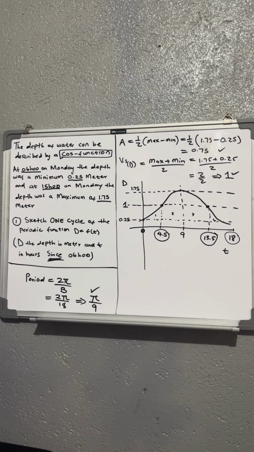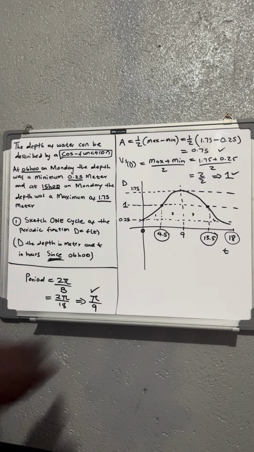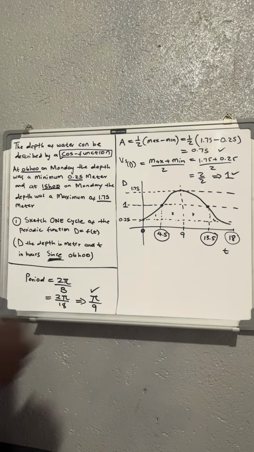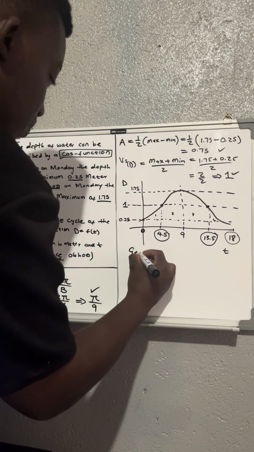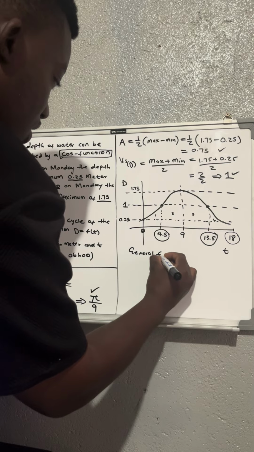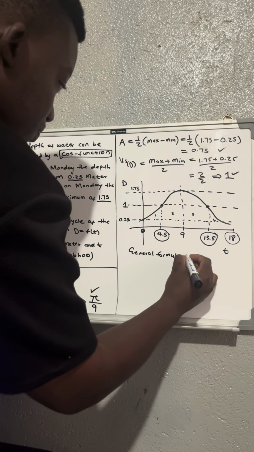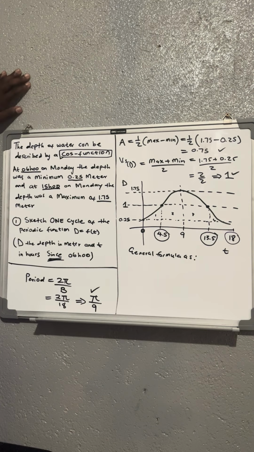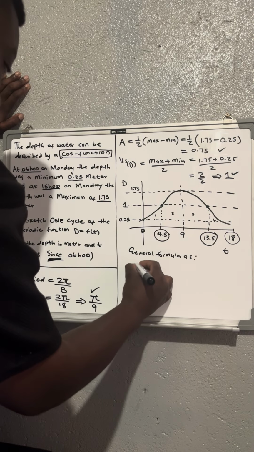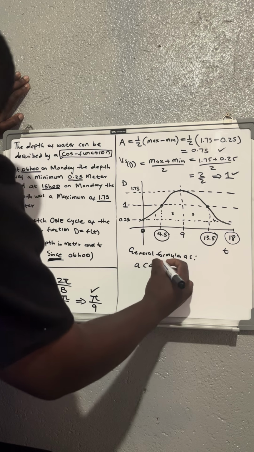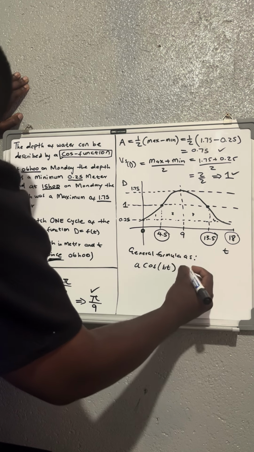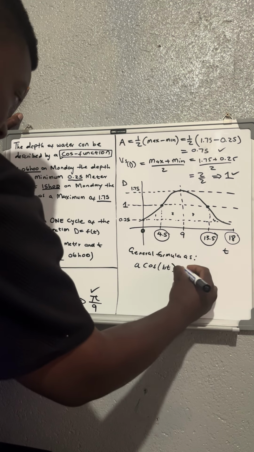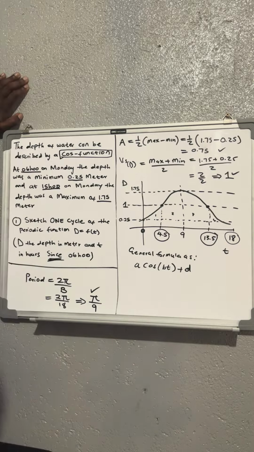Now we have to go and write the formula. So we know that with our cos graph we normally have the general formula a cos bt plus d.